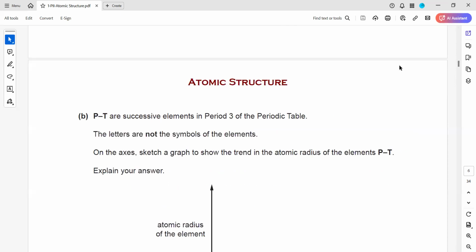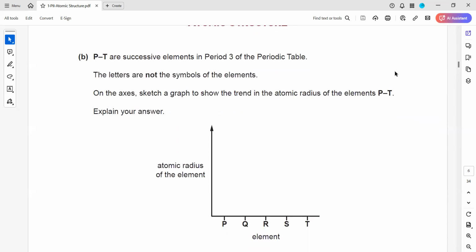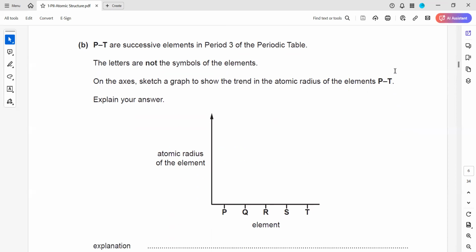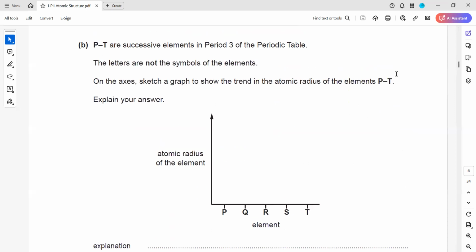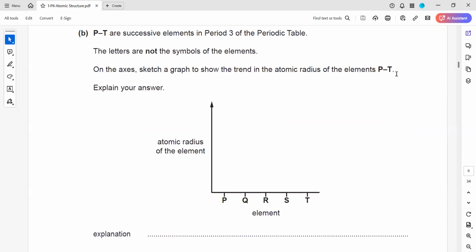In question 2, P to T are the successive elements in period 3 of the periodic table. Their letters are not the symbol. On the axis, sketch a graph to show the trend. So successive elements are there: P, Q, R, S, and T. So what will happen?